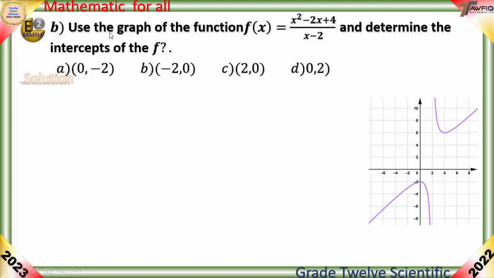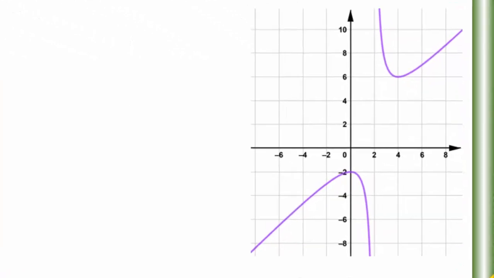Use the graph of the function f of x equals x squared minus 2x plus 4 over x minus 2 and determine the intercept of f of x. If the graph is given, as you can see here, this part is not intersecting the y-axis and x-axis.